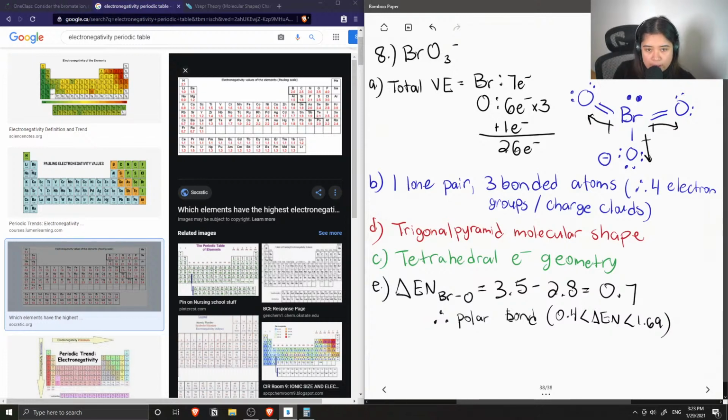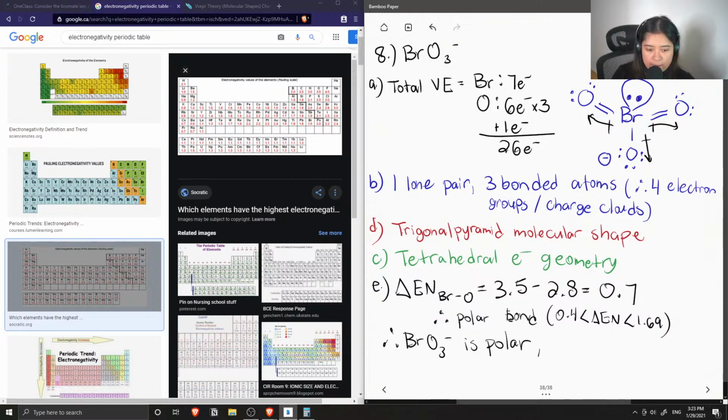And because of the lone pair on the bromine, these dipole moments don't cancel each other out. So therefore, the bromate ion is polar.